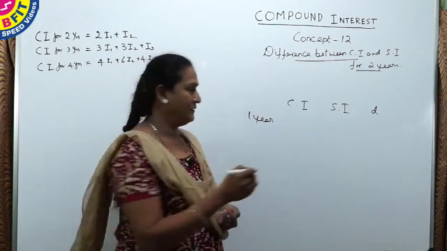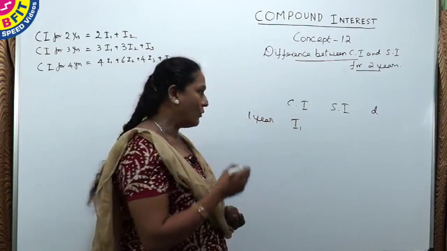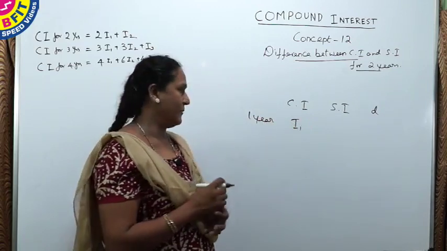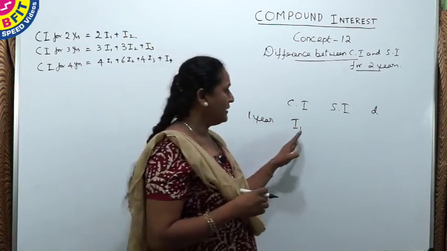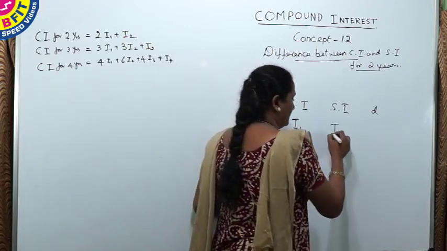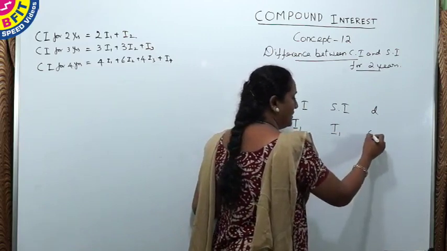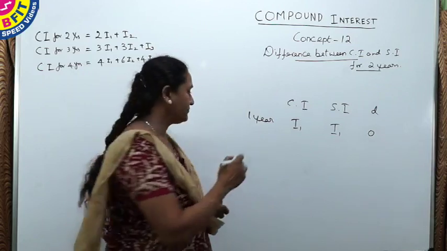It is I1, that is interest on the principal for the first year. And what will be simple interest? It will be the same. For the first period, simple interest and compound interest both will be the same. So the difference between simple and compound interest for the first year will always be 0.